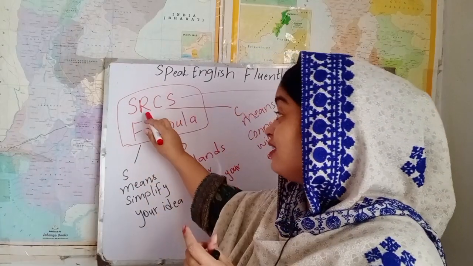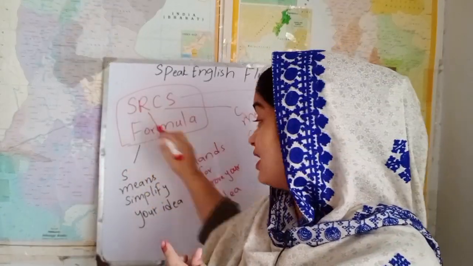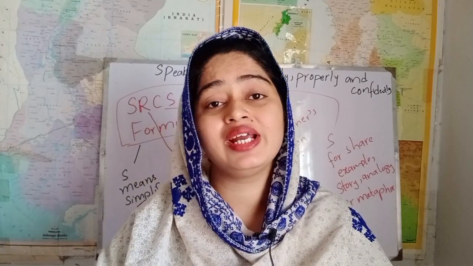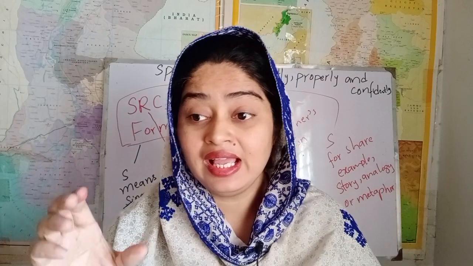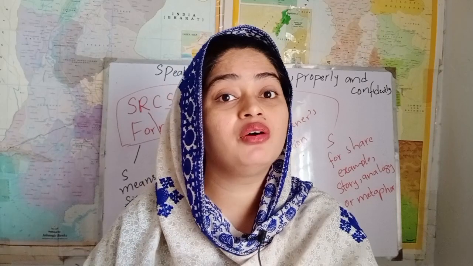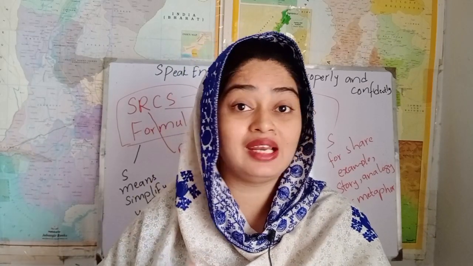Now the second letter R stands for, now you have simplified your idea. You have simplified and described your idea in the most simple way. The next thing you have to do is to prove your idea. Because without proving your idea, the listener will not pay attention to it, and you will not be able to grab the attention of the audience.